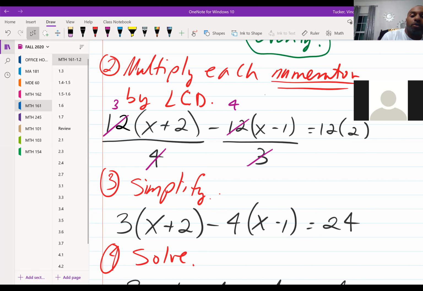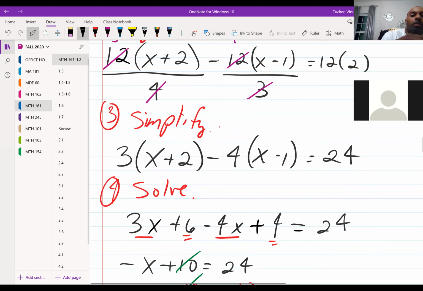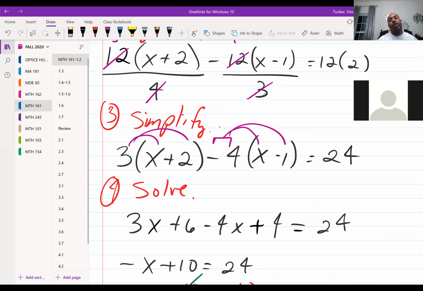All right, so now we can go ahead and solve. We'll distribute. Here we'll distribute through 3. Here we'll distribute 4. So that will give us 3x plus 6 minus 4x minus 4. So make sure you distribute the negative 4.